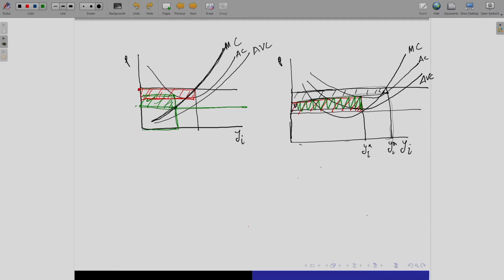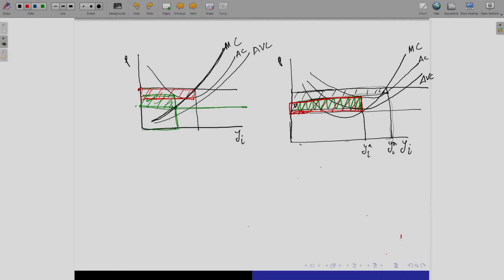So this green box is the fixed cost, and the loss is given by this whole red box. So here the loss is more than the total fixed cost, so the shutdown condition is violated. So the firms are not going to produce at this output.